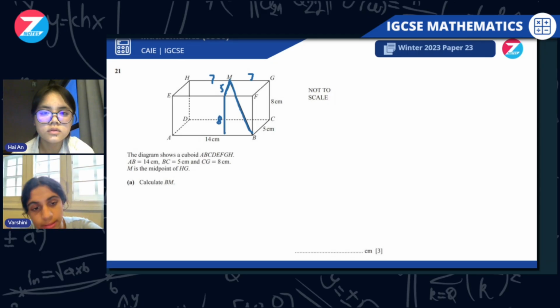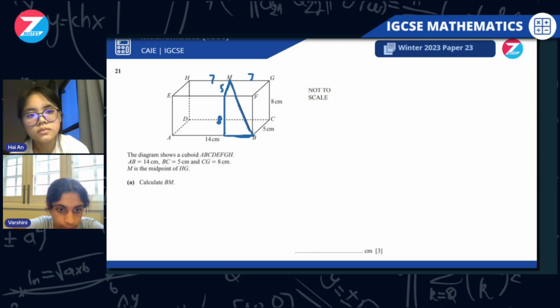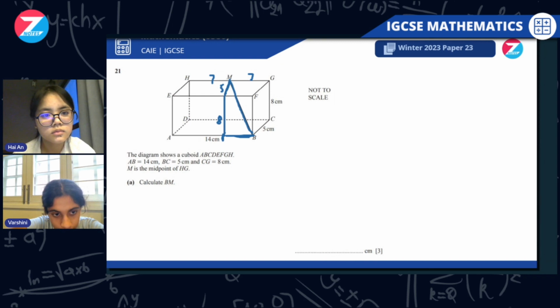And lastly, to calculate this, the last thing we need is this length. Since M is the midpoint of HG, this part is also going to be the midpoint of AB. So that means it equally splits A and B into 7 and 7. So this is 7.